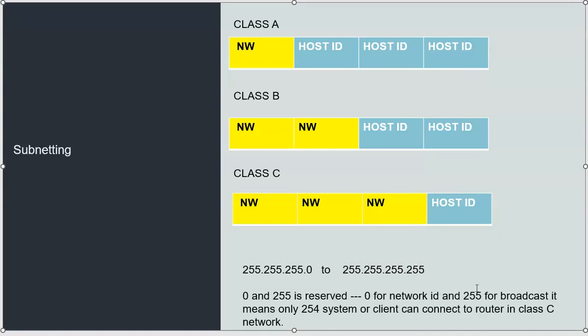The rest of the IPs are available for the systems which can connect. So if a router belongs to class C, 254 machines can connect to that router. That's what subnetting is.